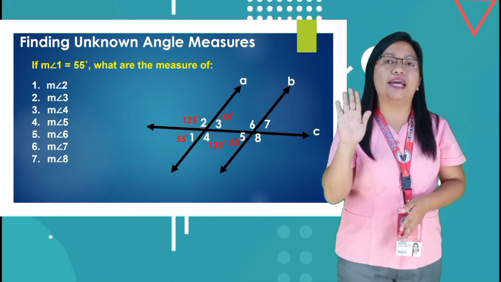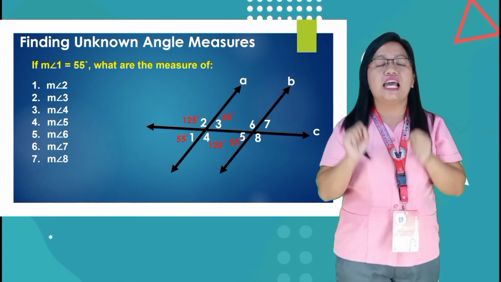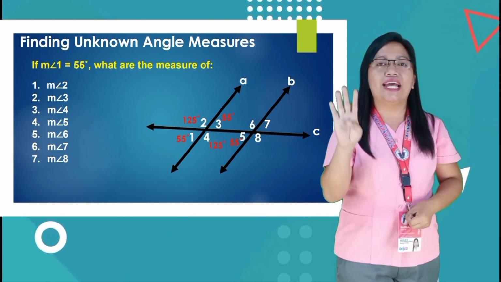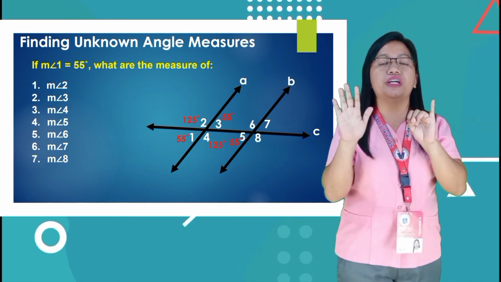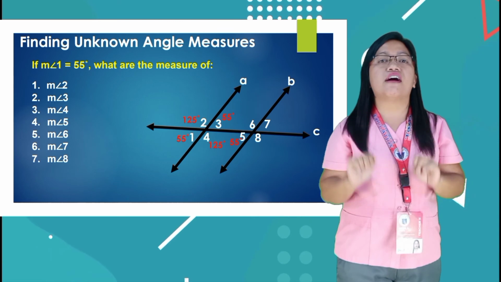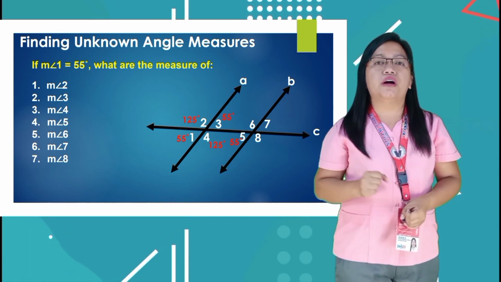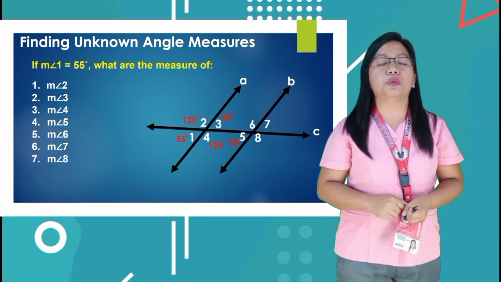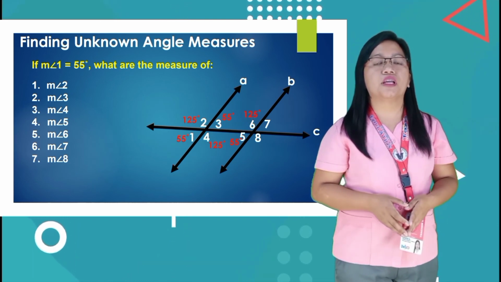For number 5, what is the measure of angle 6? If angle 4 and angle 6 are alternate interior angles, then they are congruent. Therefore, the measure of angle 6 is equal to 125 degrees.